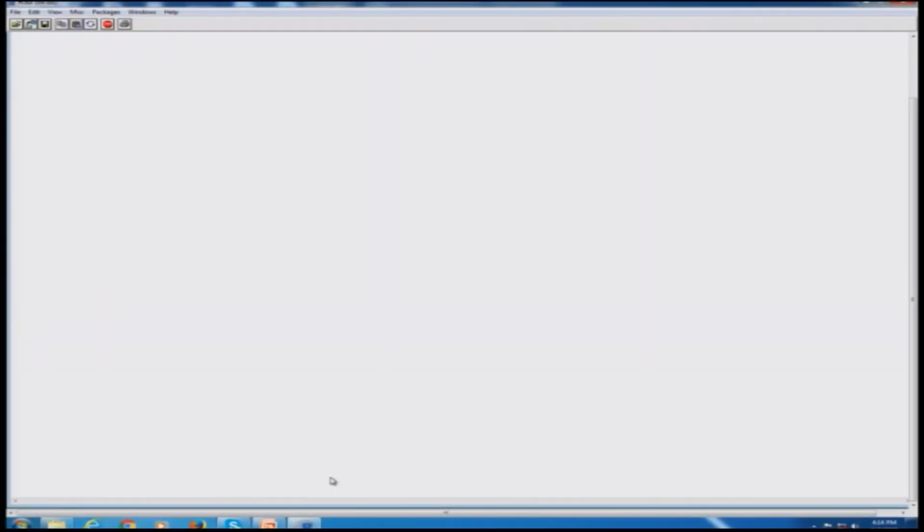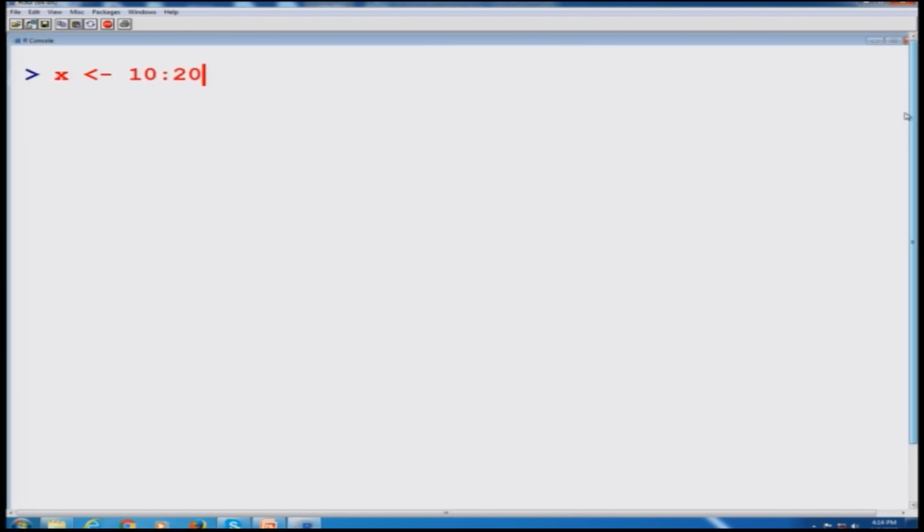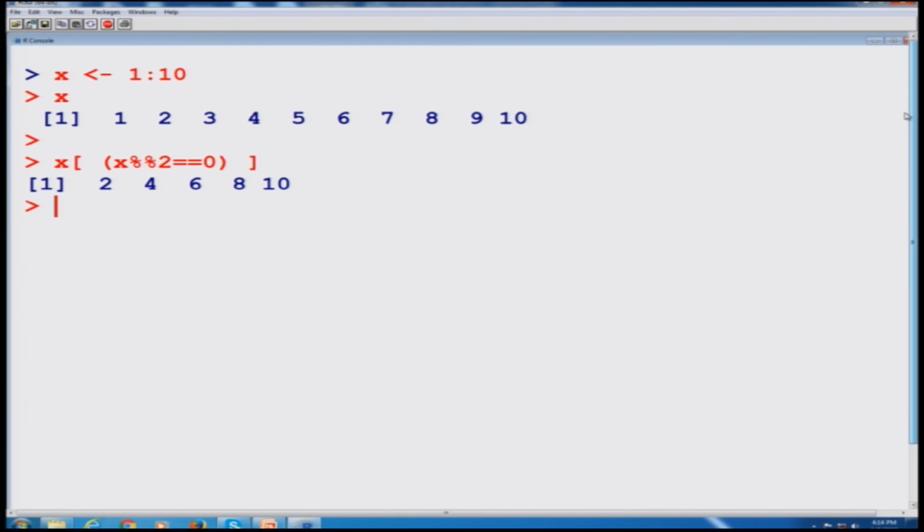So, first let me generate the values we are trying to use here. You can see I can just scroll with the upward key and come back to an earlier command. This is my x, and from here I find the values for which x modulo 2 is equal to 0, and the answer comes out to be 2, 4, 6, 8, 10.